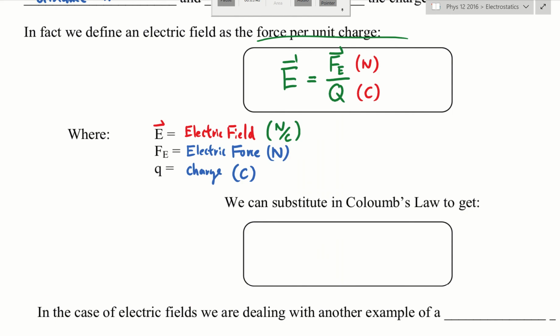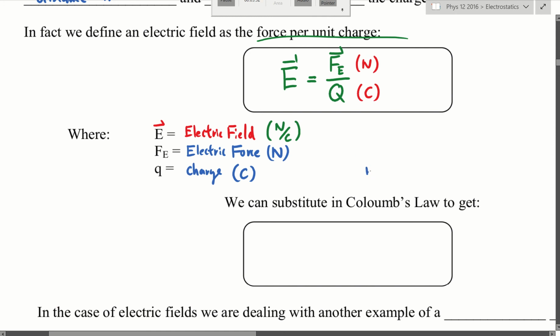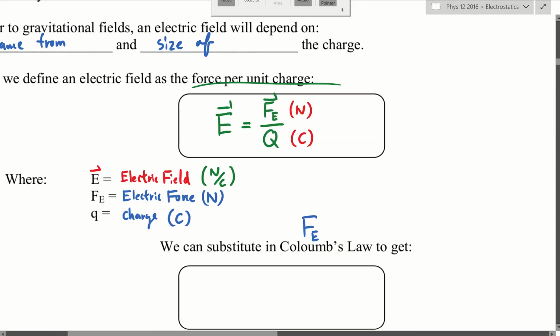Okay, so if you look at the equation, now we can do a little bit of substitution, which is quite easy. So, what is electric force? Electric force is K, Q1, Q2 over R squared.